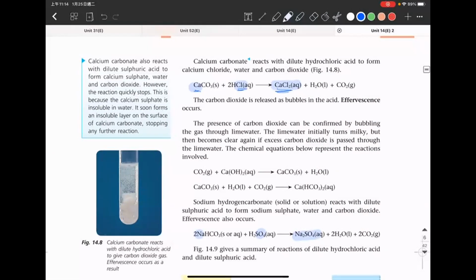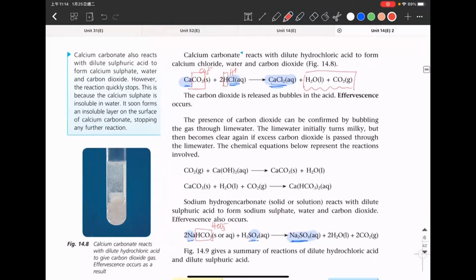What is left behind? It is carbonate reacting with acid, to form what? CO2 and H2O. Similarly, hydrogen carbonate reacts with acid, and what will they form? Again, CO2 and H2O.